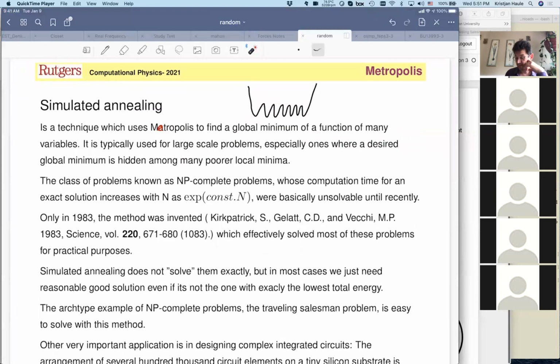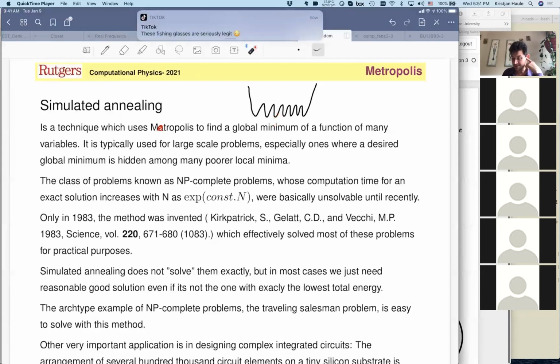But as long as one of the minima is slightly deeper than the rest, then if you run the simulated annealing slowly enough, we know from physics that we are supposed to go to the ground state. Which means that if one of the minima is lower, we are supposed to get to the ground state, provided that this annealing is slow enough, so temperature is changing very, very slowly.